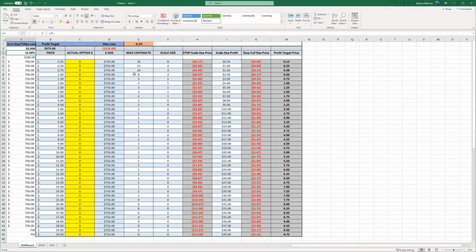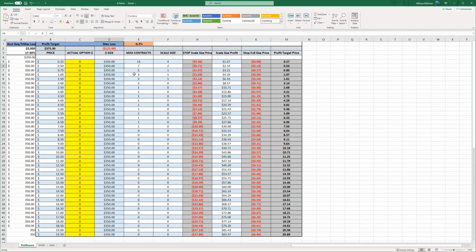Okay, so it's 350. Here, your size is going to be 350.